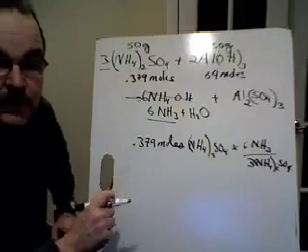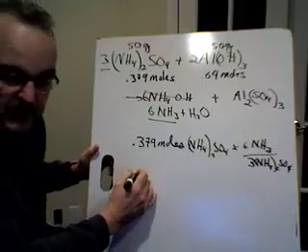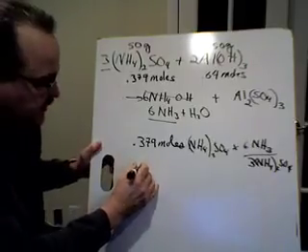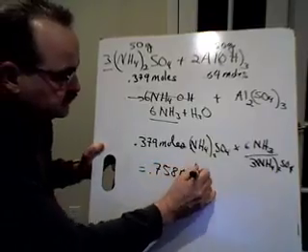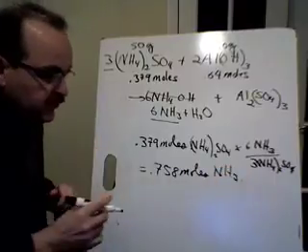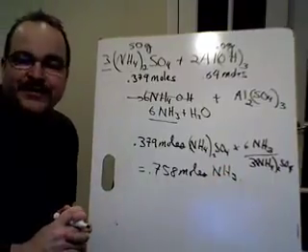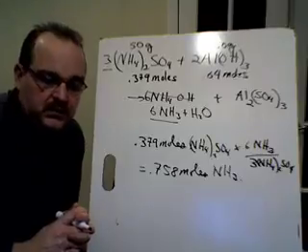Twice as much ammonia actually comes out to be 0.758 moles of ammonia.